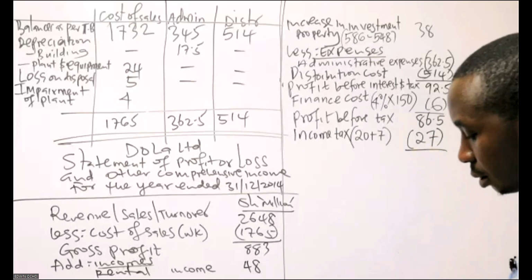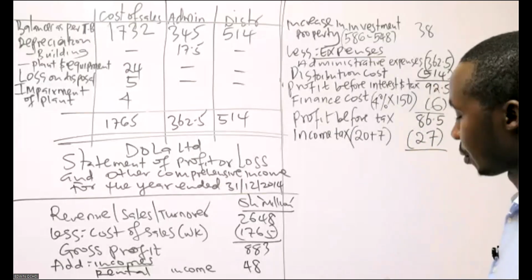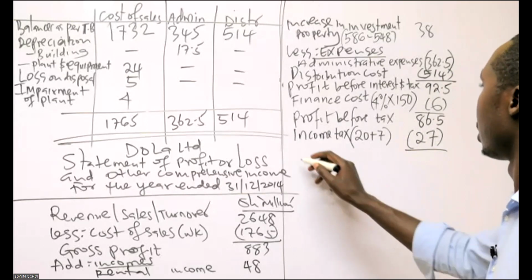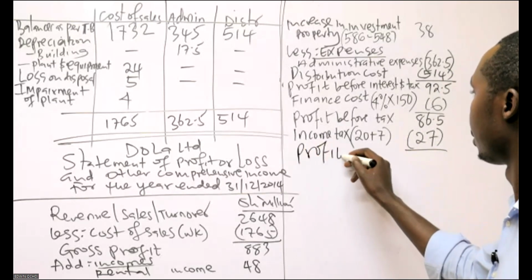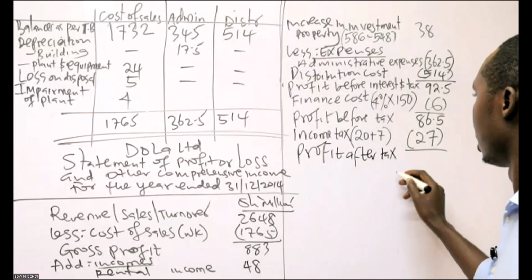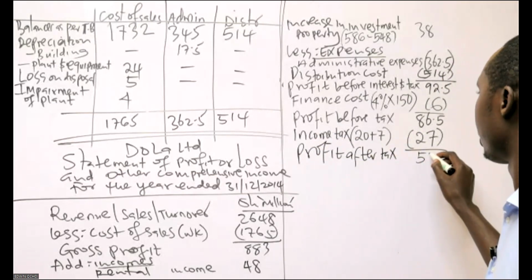So we minus that, 27 from 86.5, and the answer is profit after tax. Profit after tax of 59.5.